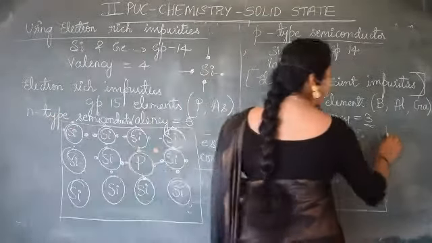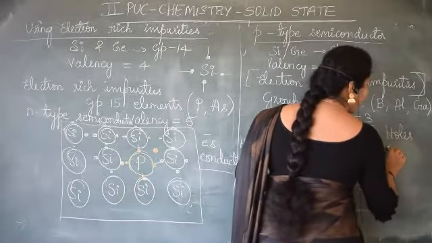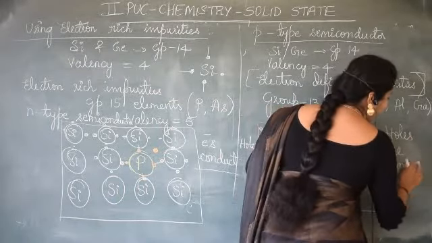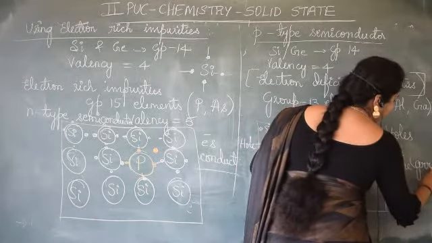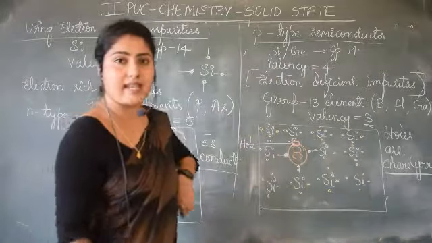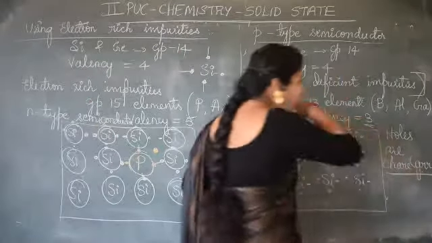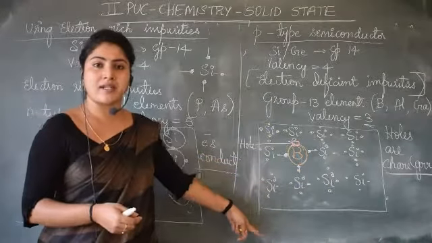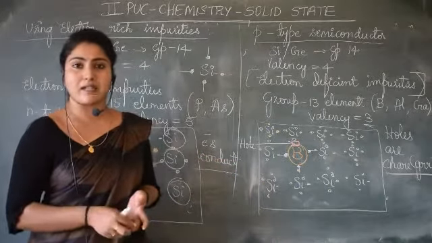Which are the charge carriers? Holes are charge carriers, or holes result in the conduction. C-A-R-R-I-E-R-S. Hope you have understood: such semiconductors are called p-type semiconductors.